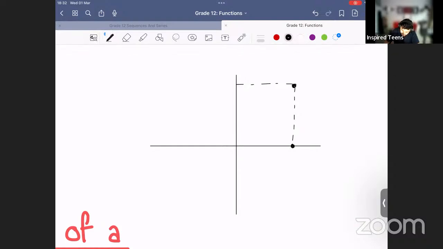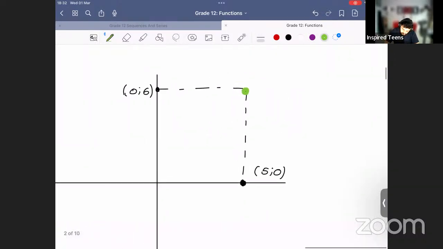Just say we know this coordinate is going to be 5 and 0. And we know that this coordinate is going to be 0 and 6. Okay, so we can see the third point, which I'm going to color in green so that we can see it nicely. Let's label it. Let's call this guy A, that B, and that C.